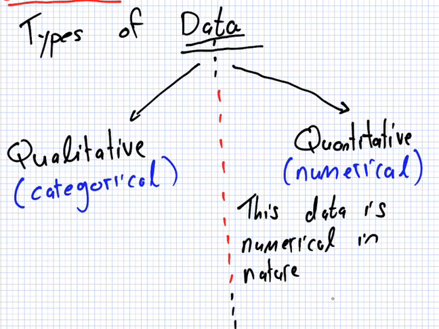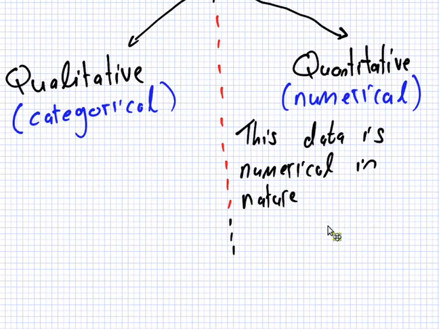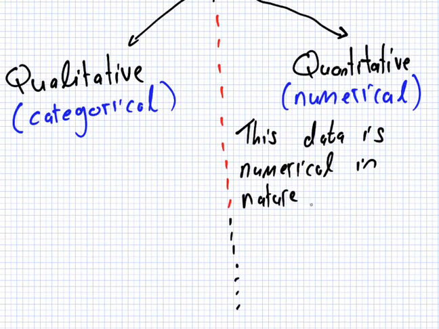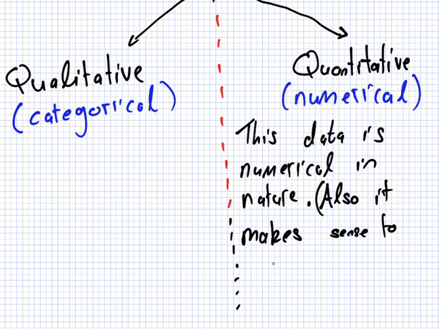There has to be something else about it as well. So also, and I'll put this in brackets because it's more of a definition to help you understand, but not really part of the formal definition, it makes sense to find the average.